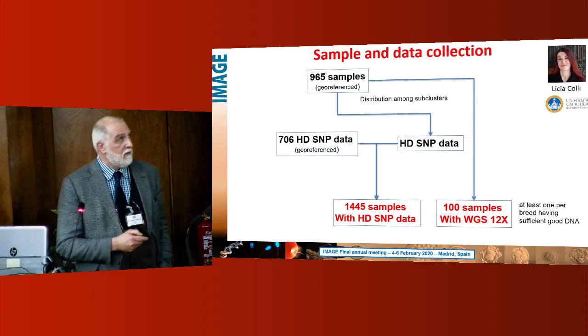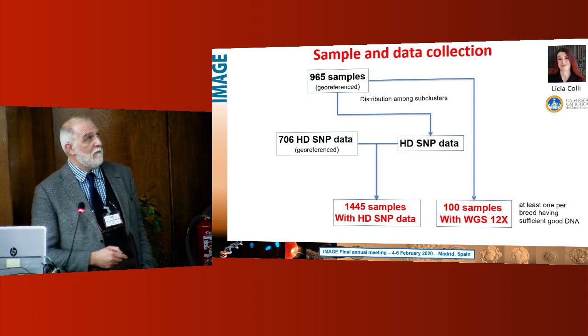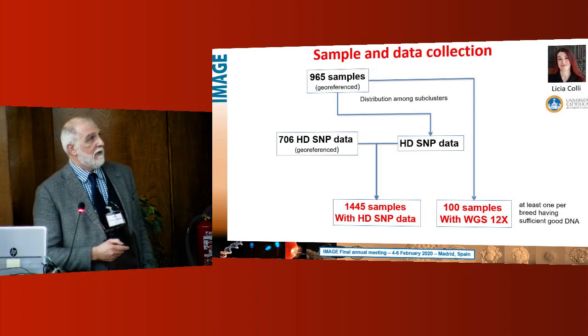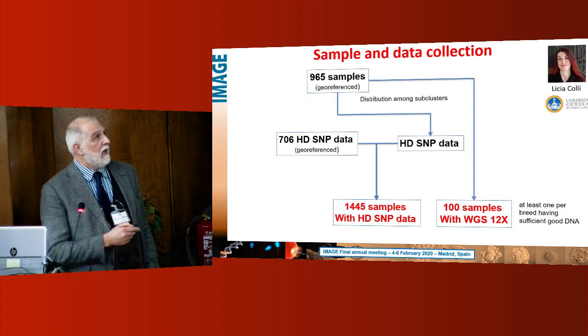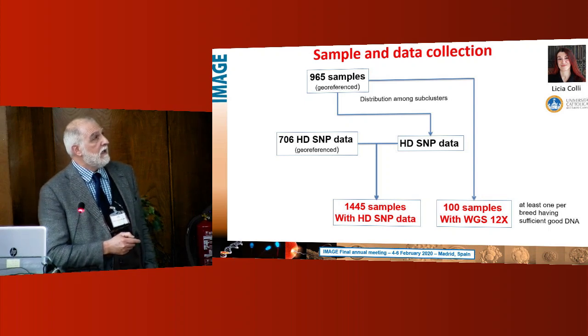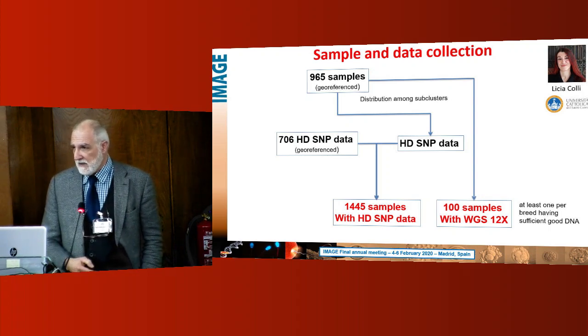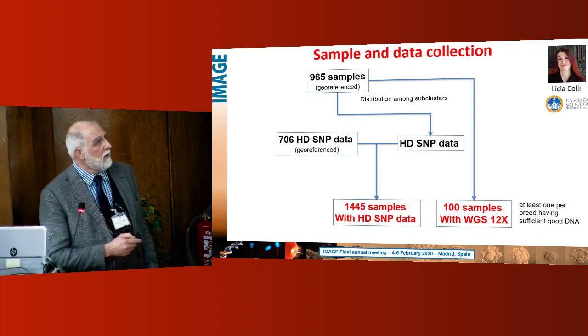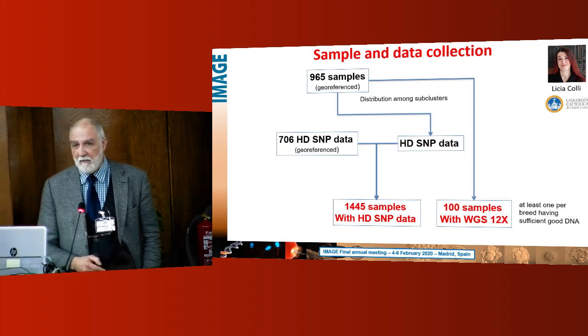In parallel, in Piacenza, we were collecting samples and data, and samples with already genotype data, which was a contribution basically of all the partners of IMAGE. And then we also had the funding. The original idea was to use only whole genome sequences on 100 animals.